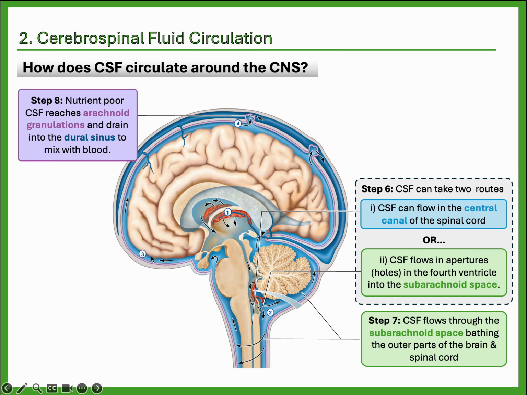So this nutrient poor CSF, that got all of its nutrients taken away from the neurons that were greedy, eventually reaches these arachnoid granulations that we'll talk about in a minute, and they drain into this big dural sinus here to mix with the blood. And then it goes down to the blood system, and actually you don't see where it goes after this, but it goes down to the heart.